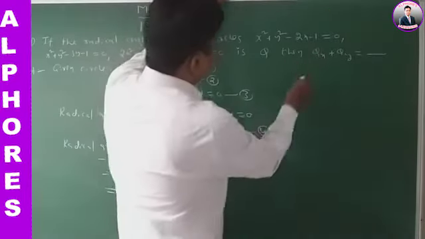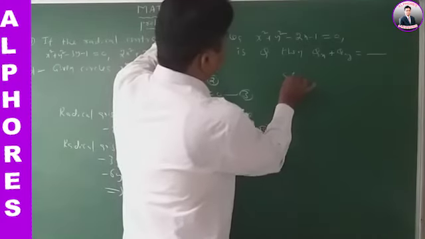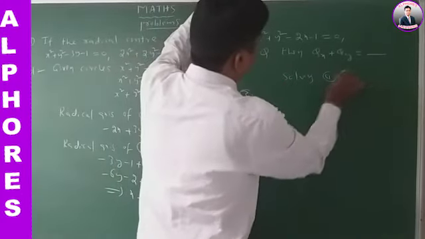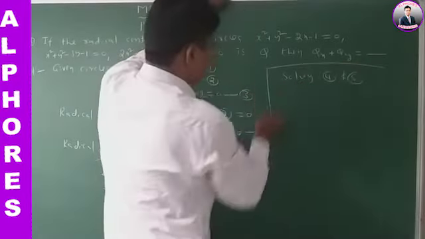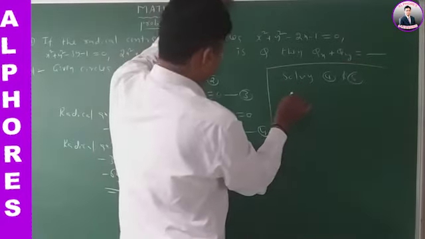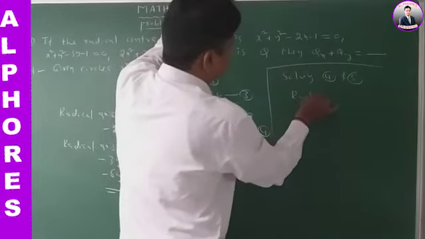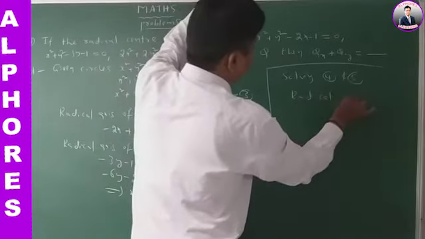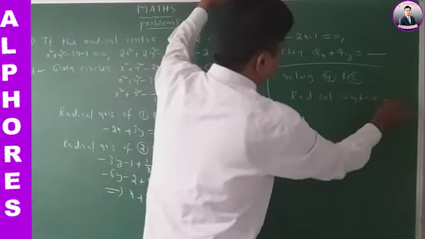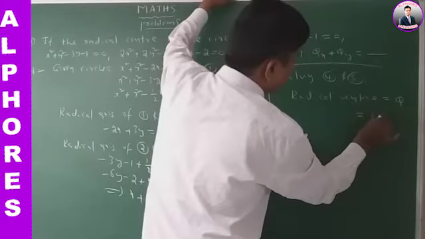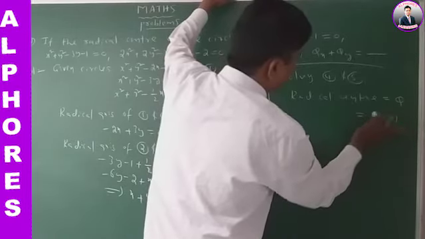Clearly, solving 4 and 5, we get the radical center. Radical center equal to Q, that equals (0, 0).